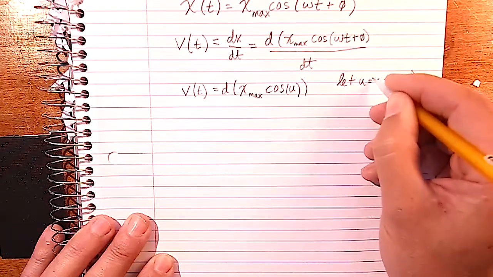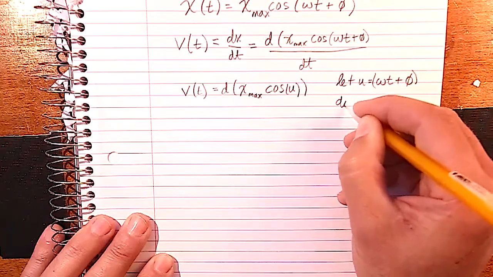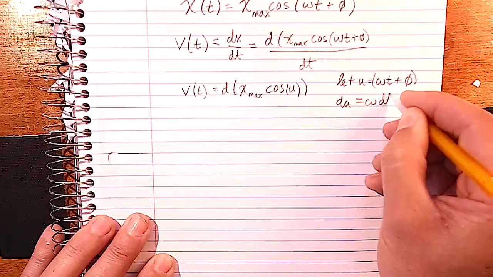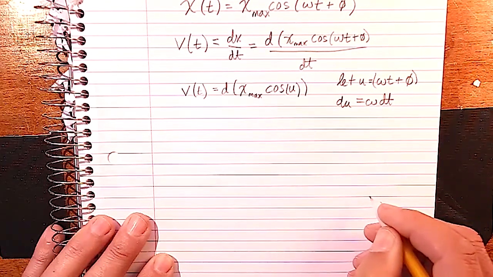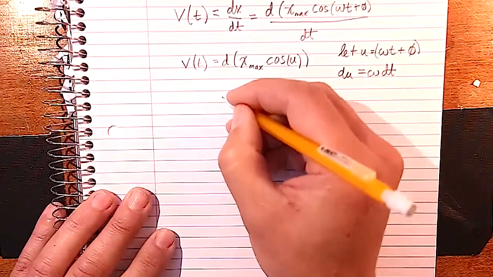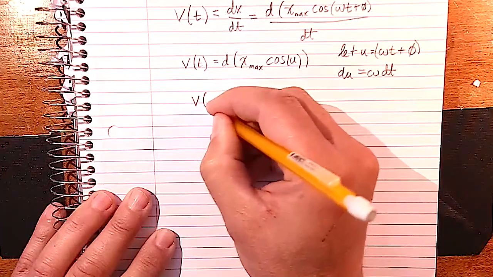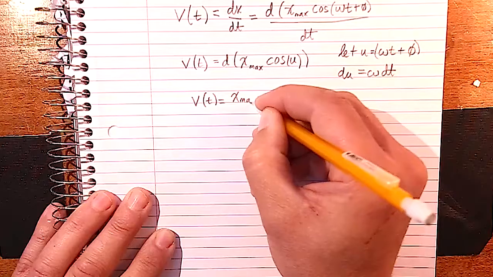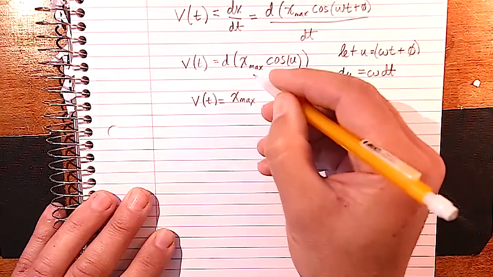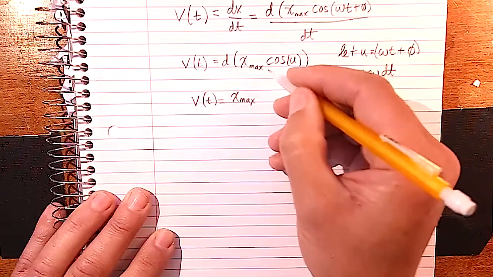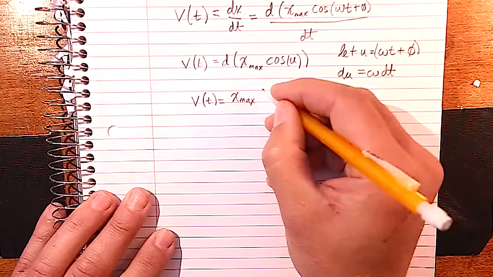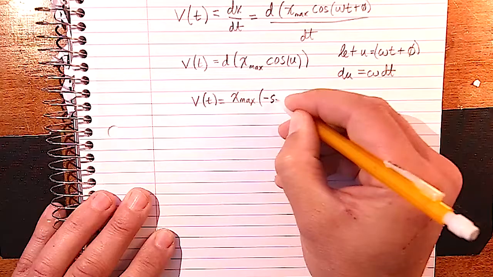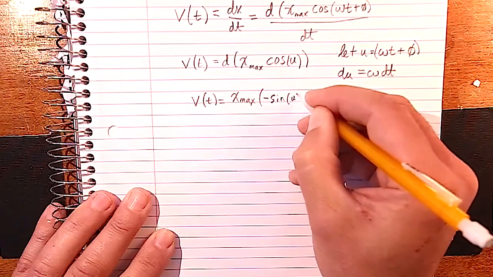The phi is going to go to 0, so that our du is going to just be equal to omega dt. So if we do that, we can sub in, and we'll end up with v of t is equal to x max, because we're pulling that outside of the derivative. And the derivative of cosine is, you should know this at this point, it's usually on the tables, equal to negative sine of u.